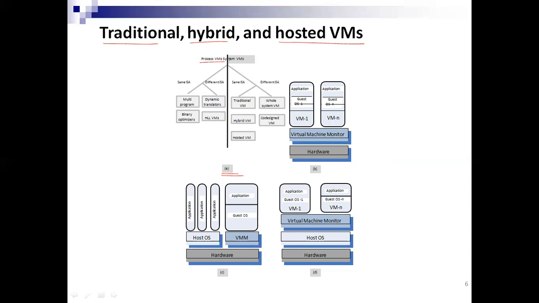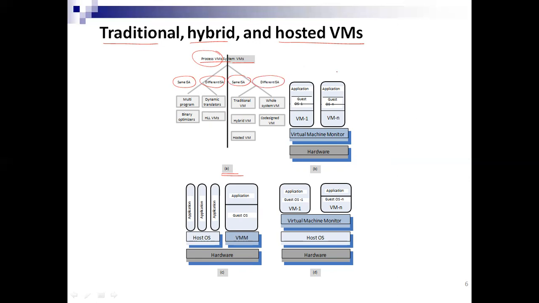The process virtual machine is for same ISA as well as different ISA, and the system virtual machine is for same ISA and different ISA.